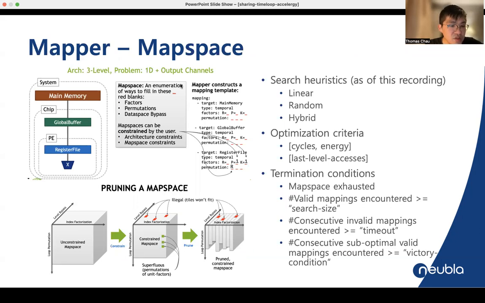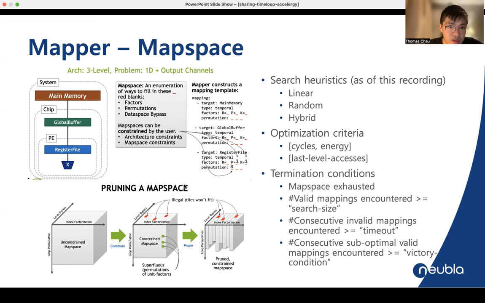So more about the map space. The mapper consists of a few steps. First, it constructs a mapping template shown in the diagram here. It's a template, and the mapper needs to fill in the blanks to complete a mapping. Then the second step is to construct a map space. So it basically needs to include all the ways to fill in the blanks, such as factors, permutation, and whether we do bypass or not.